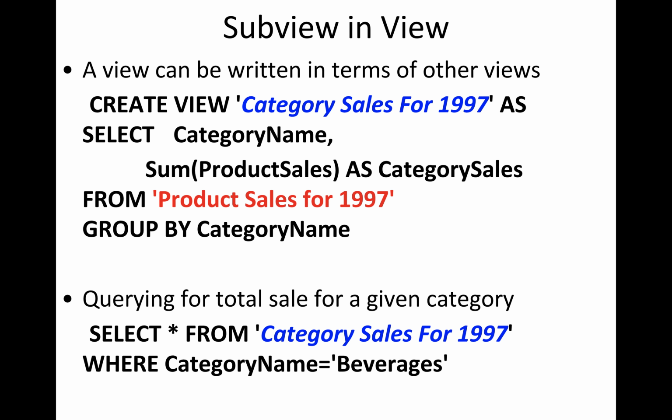So you can create these nested subqueries. Views are just a very convenient way of creating subqueries. So here's another one where we're saying from category sales for 1997, only return the one where the category name is equal to beverages.